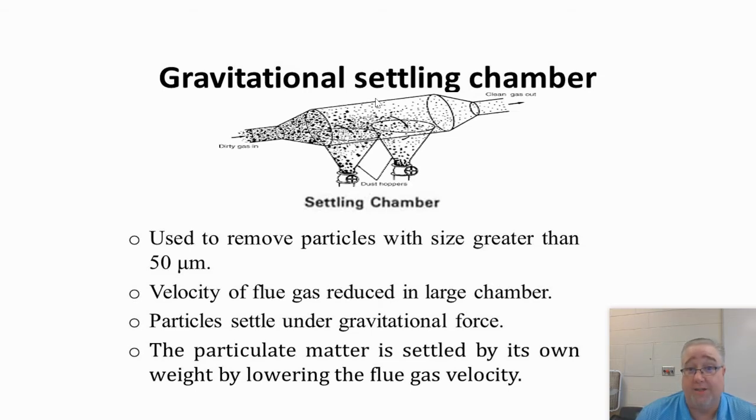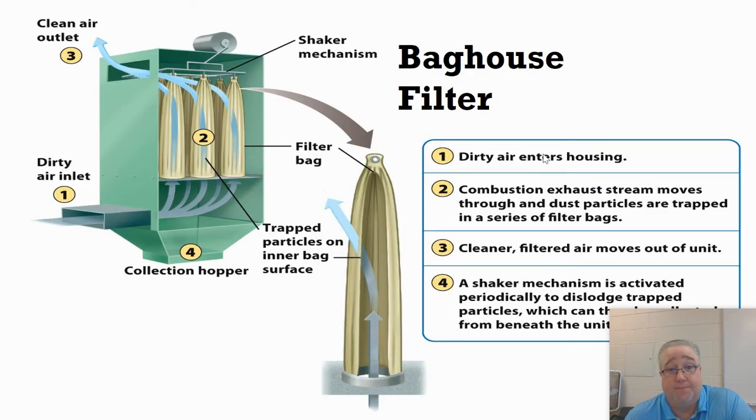Now, the smaller ones would probably pass through. So this would not be a device used to remove the really small particles, but it would probably be very effective at removing the larger ones.